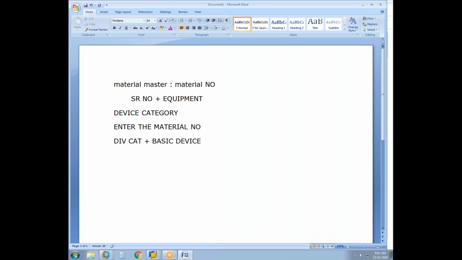Okay, for electricity division we can create meter. Okay, we can also create for electricity a transformer. Okay, that means we are clubbing the device category, a basic device category given by the system, with the division category. Both are system defined. Okay, so using this data we are creating the device category.